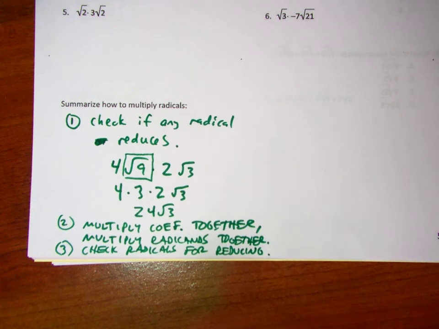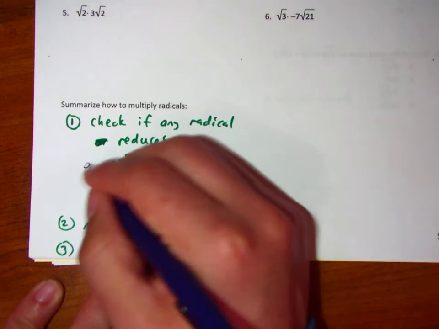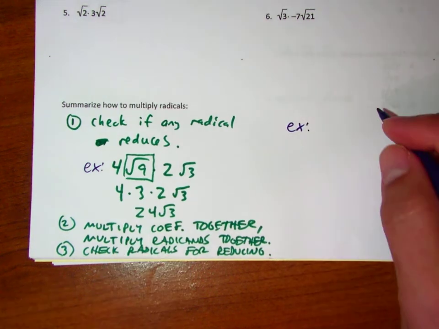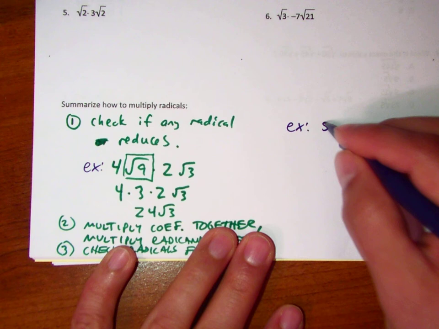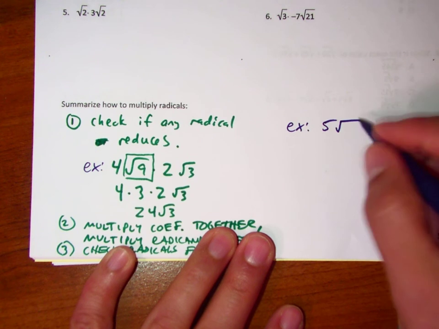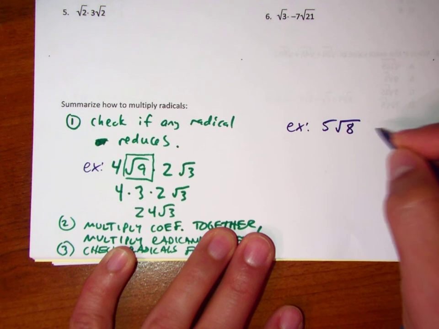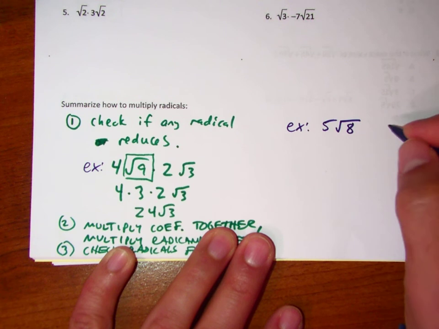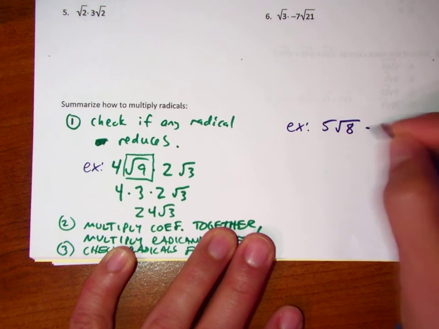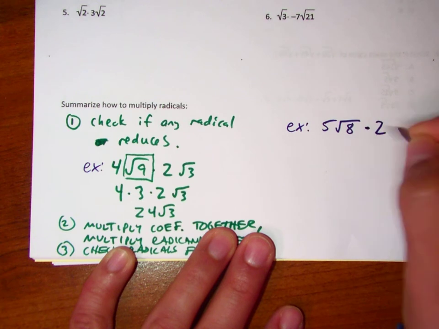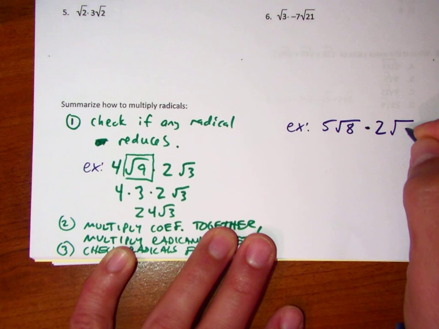Now in a different scenario, let's say I have 5 square root of, let's say, 8, and then times 2 square root of, I don't know, 6.